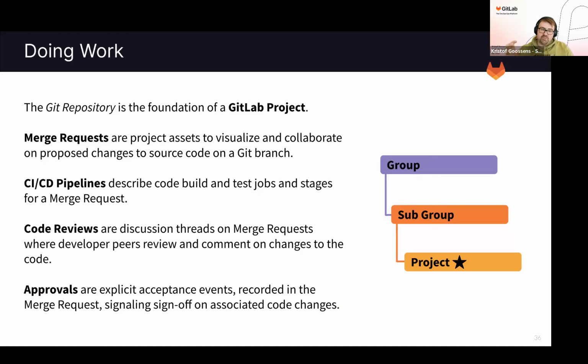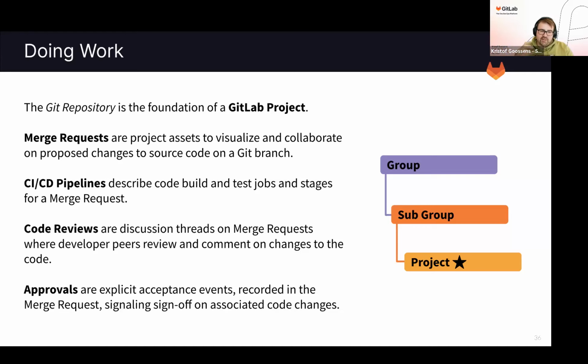There you will find the merge requests, the single source of the different changes that we're making. The CI/CD pipelines will be there, so essentially the runs and the results that come out of the newly created code will be there, and will also be visualized in the merge request itself.